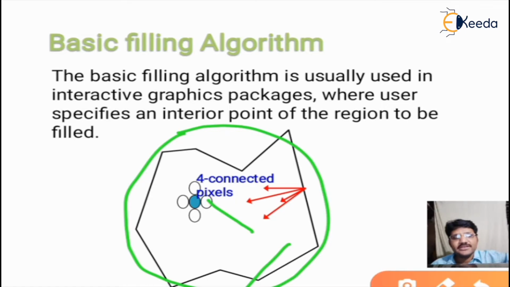This point is called the seed point. After selection of the seed point, using 4 neighbors or 8 neighbors, we color the 4 neighbors or 8 neighbors till out of the boundary.